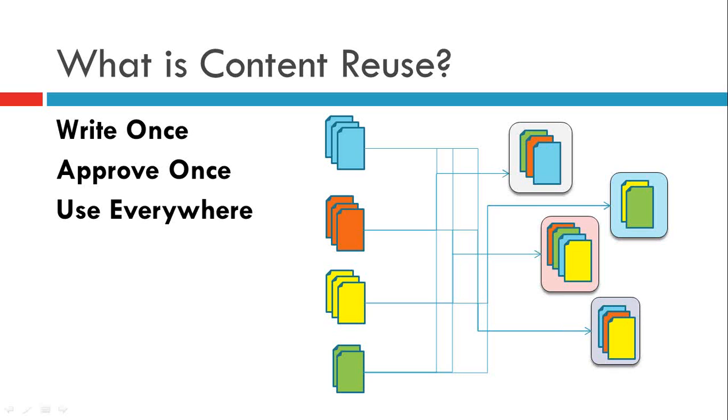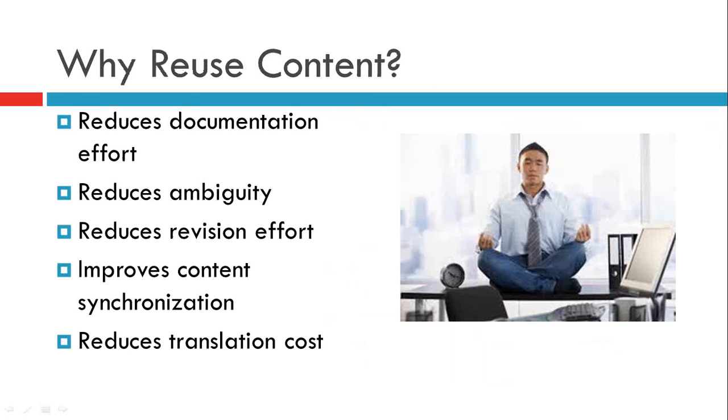And this diagram actually shows that we have various contents we have developed, and we are reusing that content in various types of outputs. So moving on to the next slide. So this question comes up: why do we reuse content?